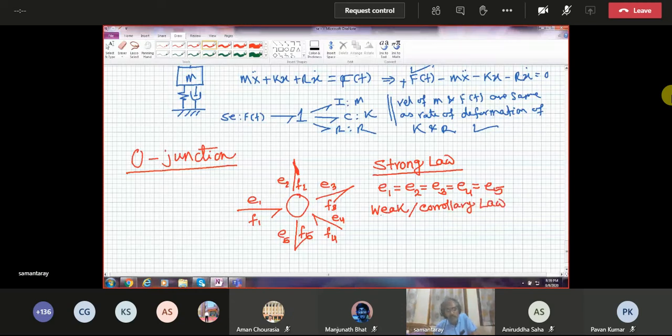What will we write here? E1 F1 is power in, E2 F2 is out, minus. Then you have E3 F3 out. E4 F4 into the junction. And E5 F5 is out.